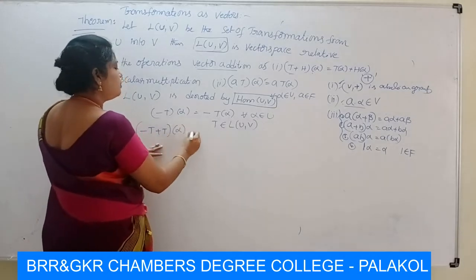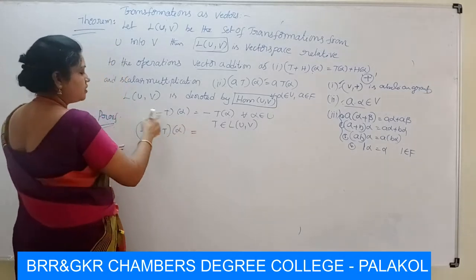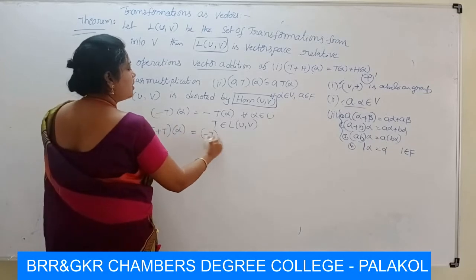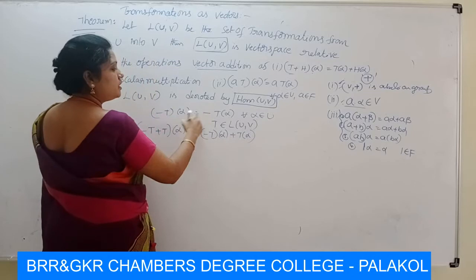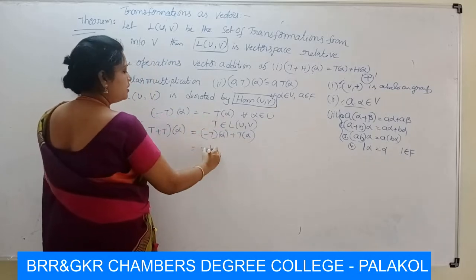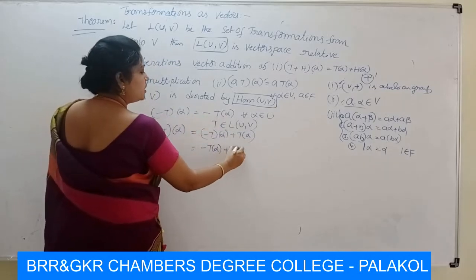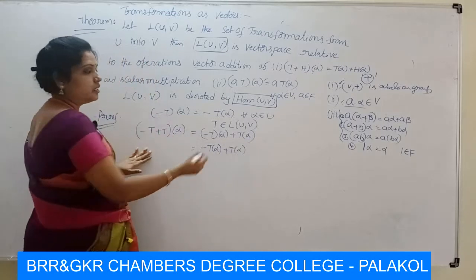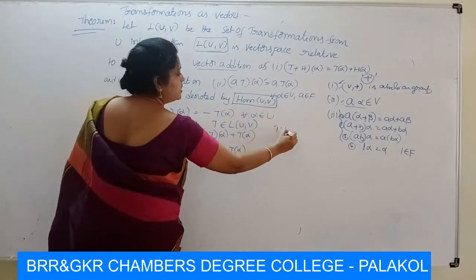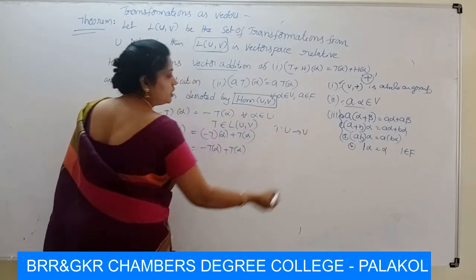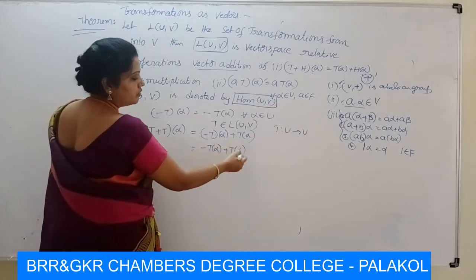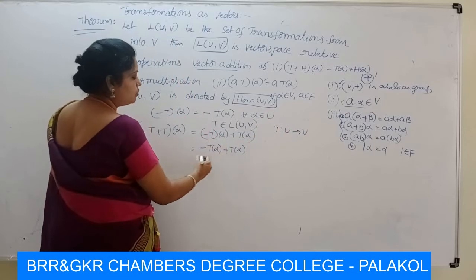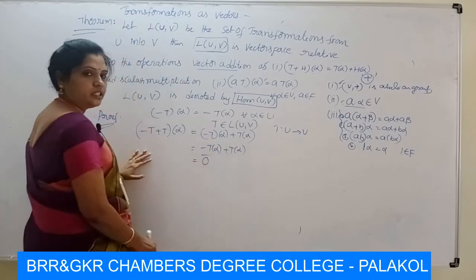So take an arbitrary element alpha. The sum of the transformations is minus T of alpha plus T of alpha. Here minus T of alpha can be written as minus of T of alpha. Here T of alpha is an element of the vector space V, because T is a mapping from U to V. So here minus T of alpha is the negative of T of alpha. We can add these two, and we get the zero vector 0 bar.